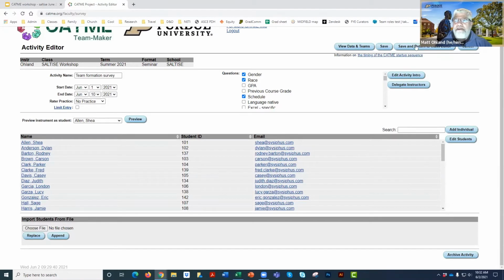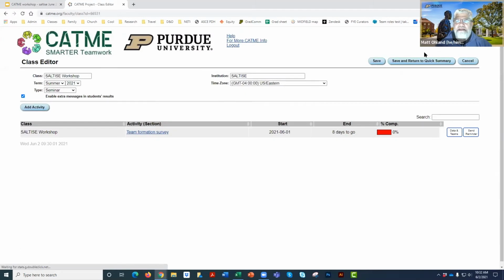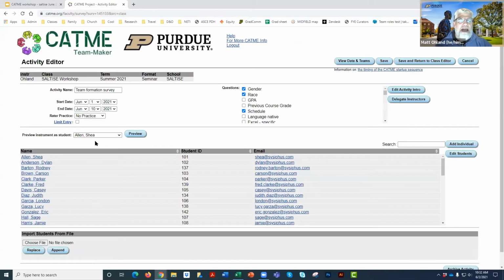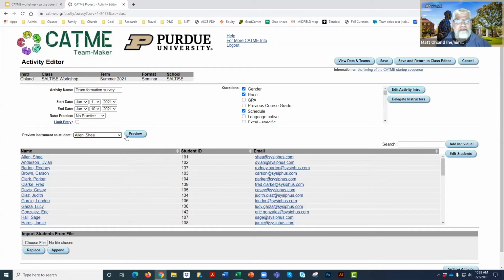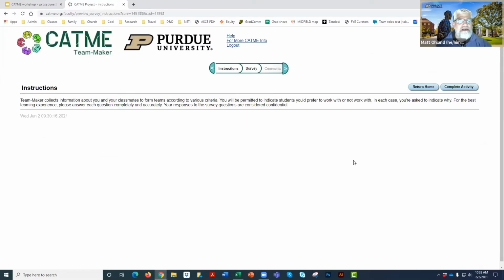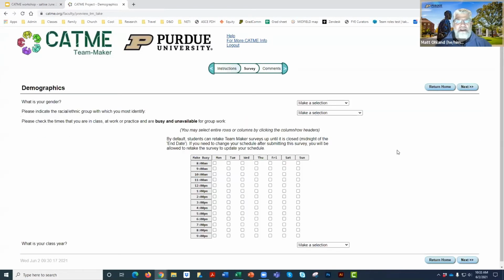And if I save that, among other things, if you are logged into the system now with your fake identity, this survey should appear. As the instructor, I can preview at any time what that survey looks like to any of the participants, which in this case, it'll look the same for all of them. It shows the instructions, which I didn't adjust, and then it shows the survey.